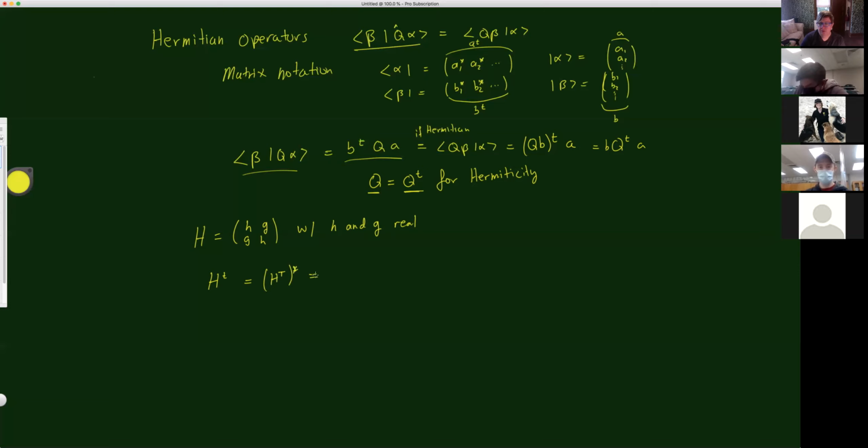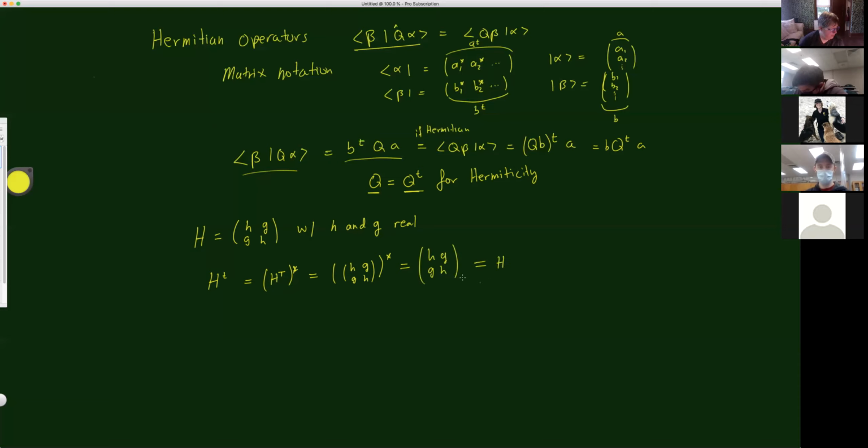The first thing we do is take the transpose, flipping over the diagonal. So we have H, G, G, H, because the transpose is just H. And then we have star. Because everything is real, if you put a star on everything, you just get the thing back. So you get H, G, G, H, and indeed, this is equal to H, and thus it is Hermitian.